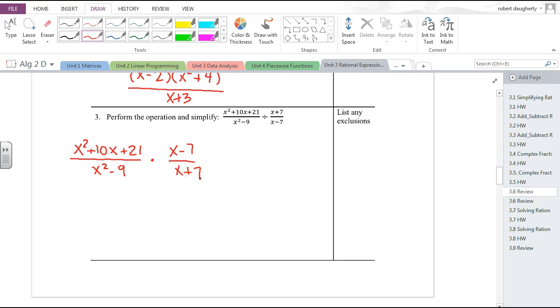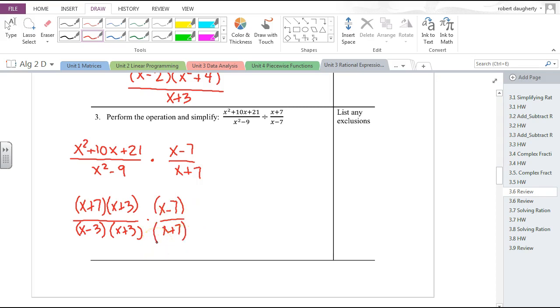Now completely factor. Numbers that multiply to 21 and add to 10. Those are 7 and 3. So this is x plus 7, x plus 3, and x squared minus 9 is x minus 3, x plus 3, times x minus 7 over x plus 7.